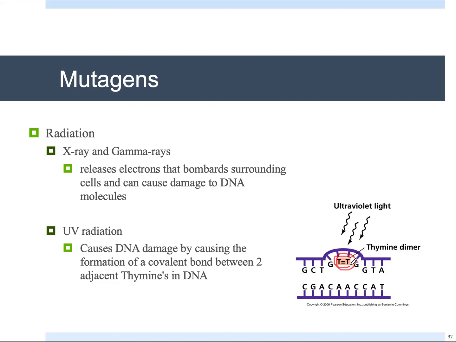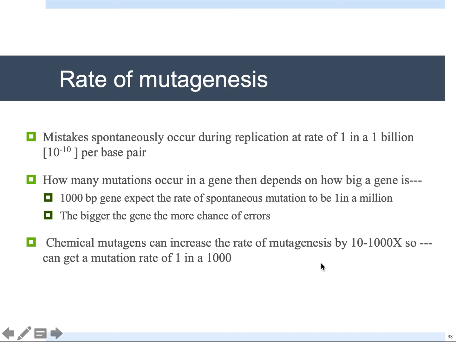So whenever the thymines are close to each other, they will form a double bond between themselves, which shouldn't be the case. So you end up forming a dimer when they should be monomers, because they are nucleotides. So you have these agents that are examples of mutagens.